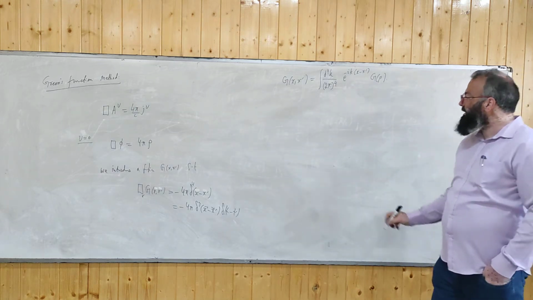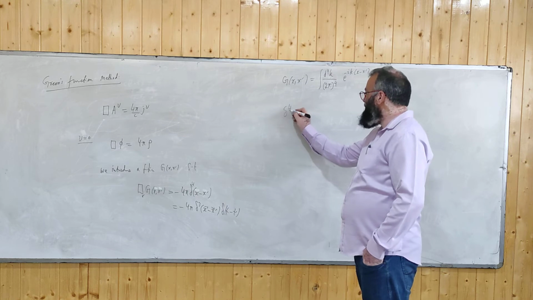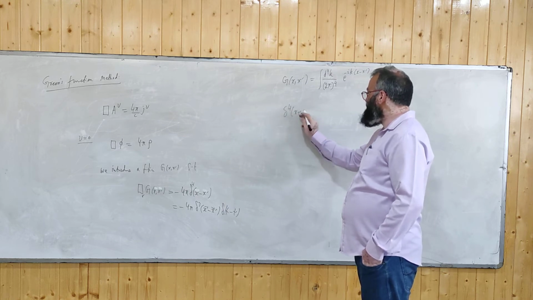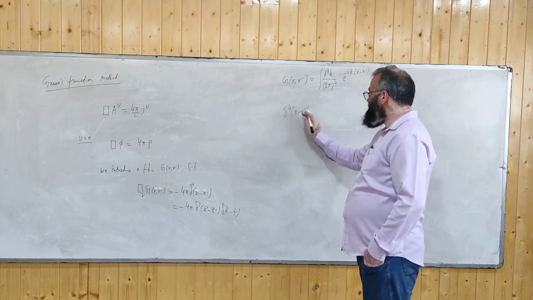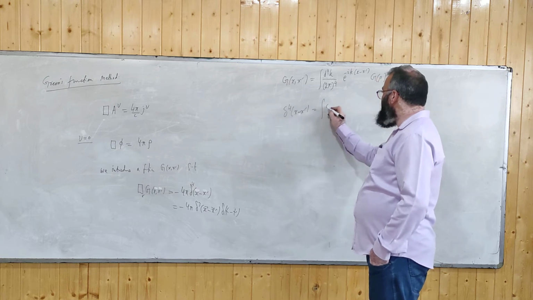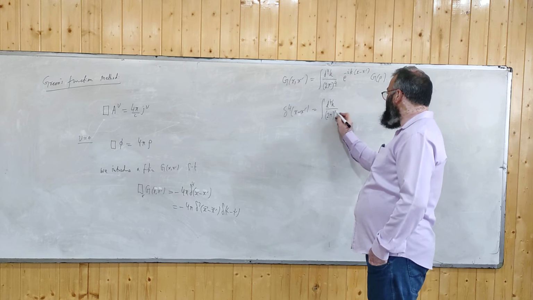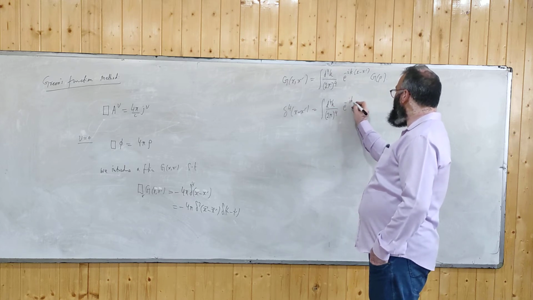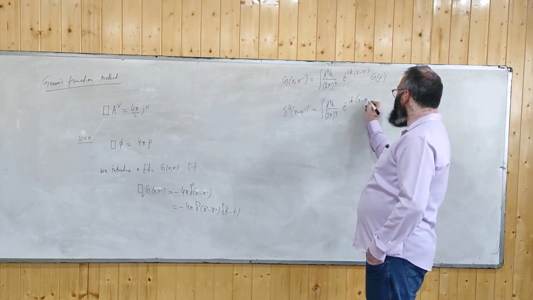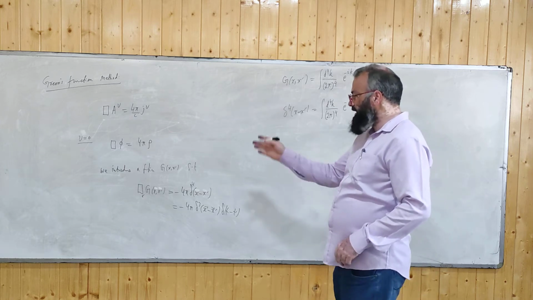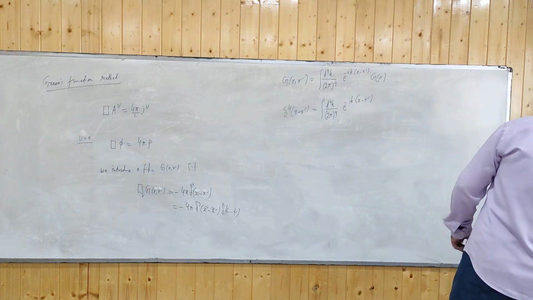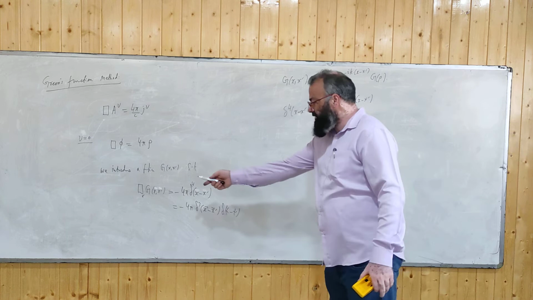And let's write this 4-dimensional delta function, delta(x minus x prime), as the integral d4k by (2 pi) to the power 4, e to the power minus i k dot (x minus x prime). Let's substitute it back in this equation.